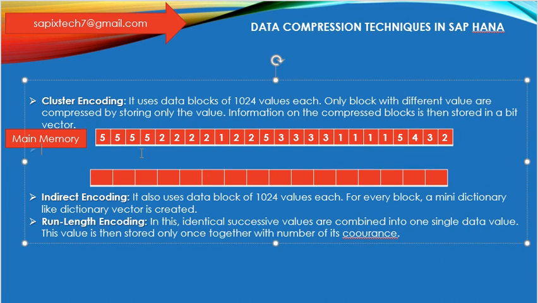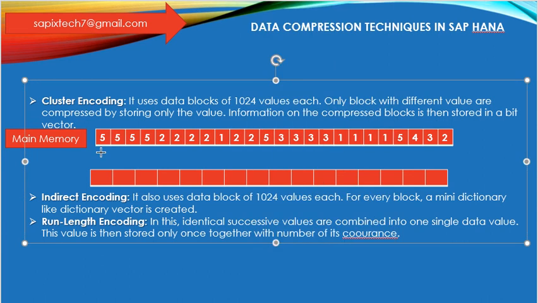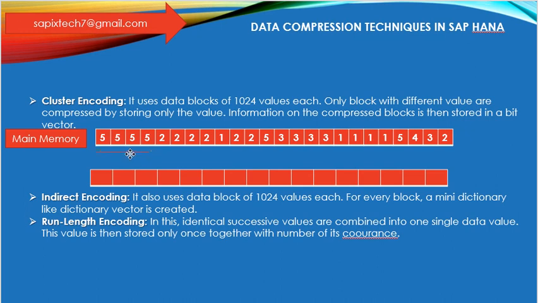So what happens in cluster encoding is it uses data blocks of 1024. For example, if I divide this data into blocks, this is our 4, 5, 5, then 2. So what will it store?